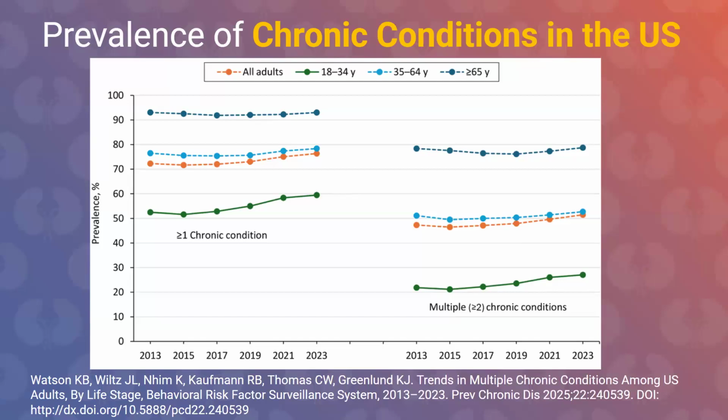It shows two panels, one on the left, one on the right. The y-axis is the prevalence, and at the bottom are trends covering a 10-year period from 2013 to 2023, showing that in the US, over 70%, almost 75%, or close to 80% of all adults in 2023 have at least one chronic condition.